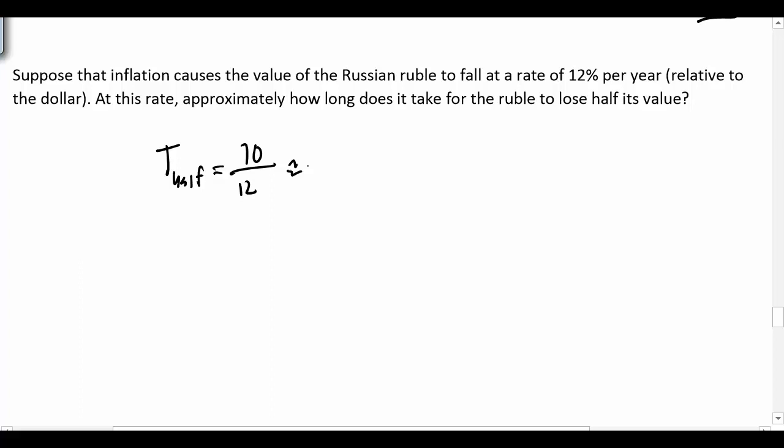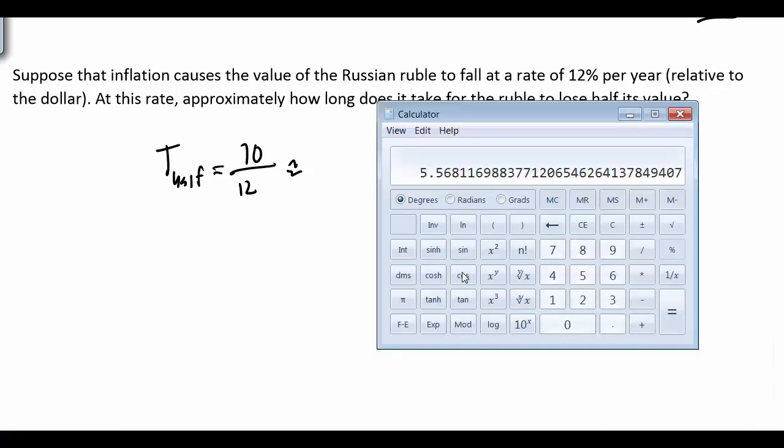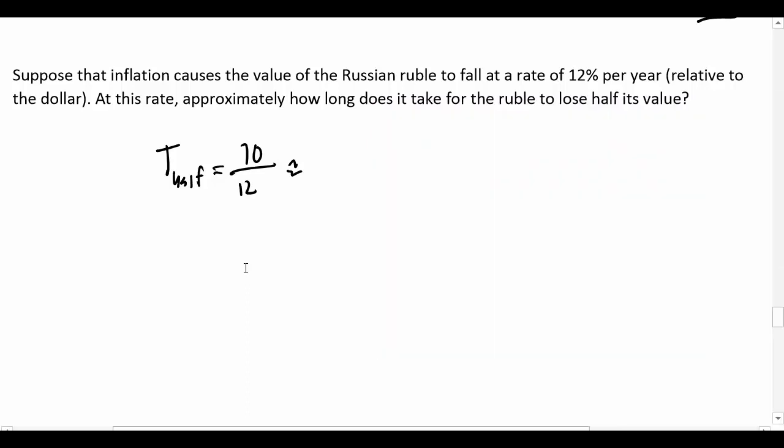I want to go to the calculator and type that in. So 70 divided by 12 is 5.833. So in about 5.8 years, the ruble will be worth half of its value.